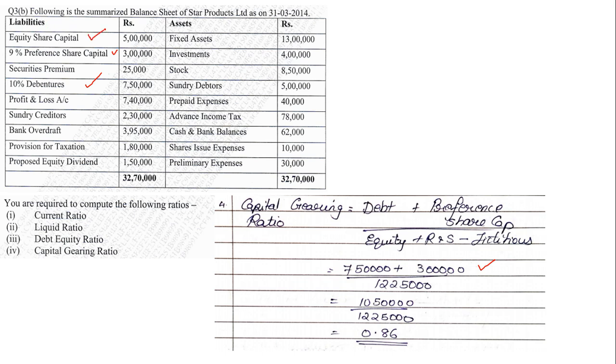At the bottom we have equity share capital, which is 5 lakh. Reserve and surplus, which is 25,000 and 7,40,000, and fictitious asset, which was less 40,000, which we had solved earlier, which came to 12,25,000. So 10,50,000 divided by 12,25,000, we get the answer as 0.86. Okay, so that was the fourth ratio that they had asked. So you can note down once.